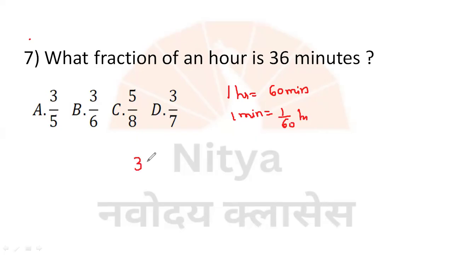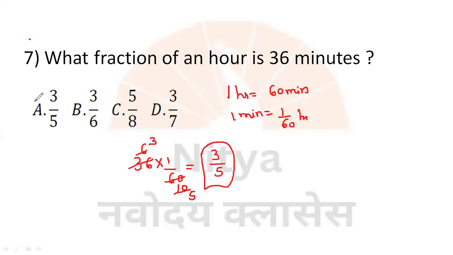So 36 into 1 by 60. 6 6s are 36, 6 10s are 60, 2 3s are 6, 2 5s are 10. So 3 ones are 3, and 5. So 3 by 5 is the answer. So check the options. Option A, 3 by 5, is the answer. Okay, next one.